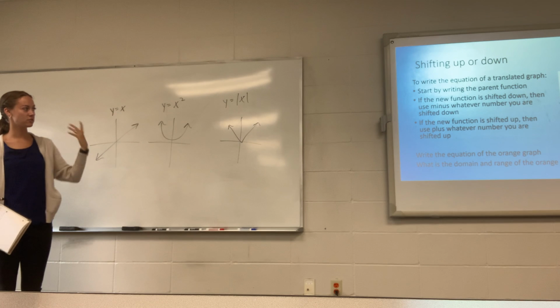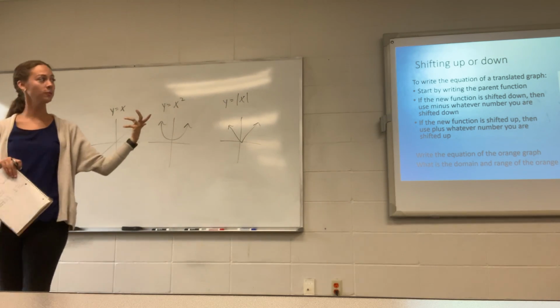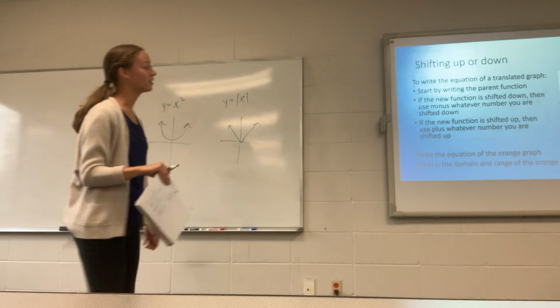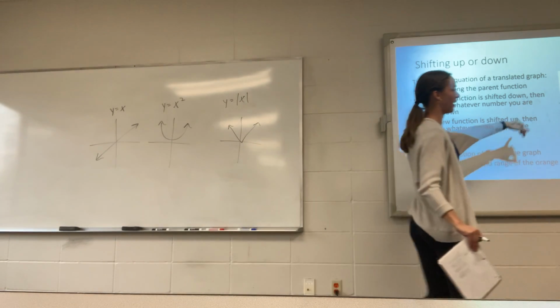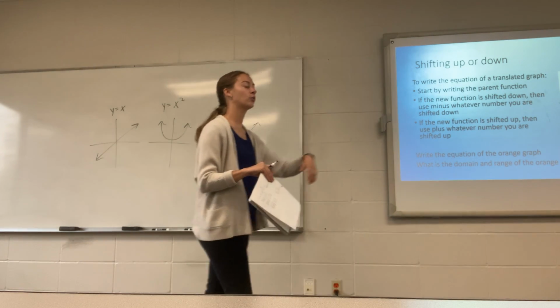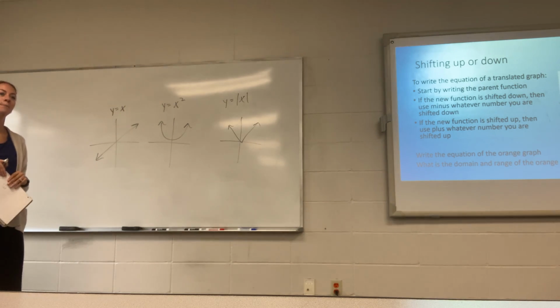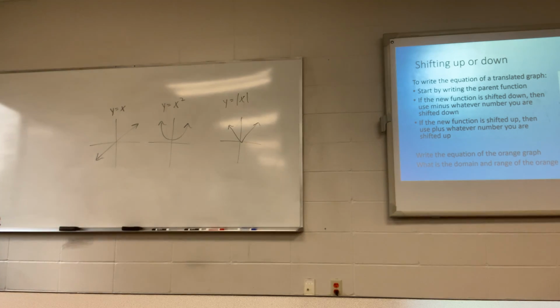Because that graph looks like a U, I know I want to use my y equals x squared equation. Now I'm trying to write the equation for my orange graph. How many am I shifted? Or where is that graph going? Jade, what do you think? Yeah, down 3.